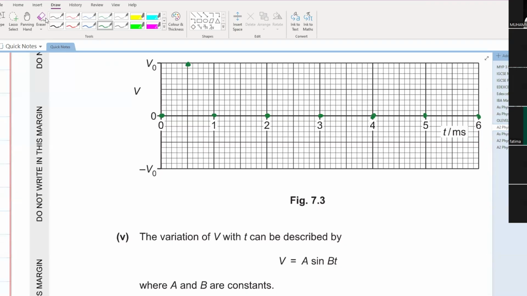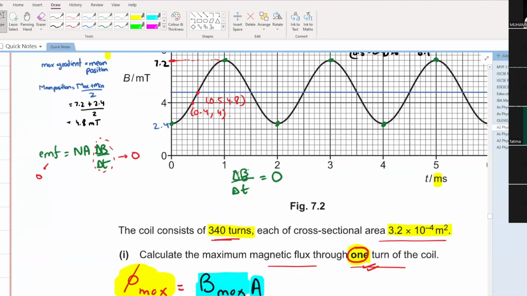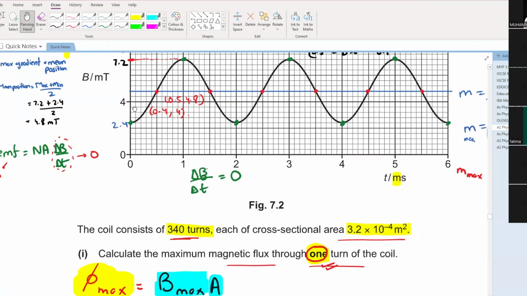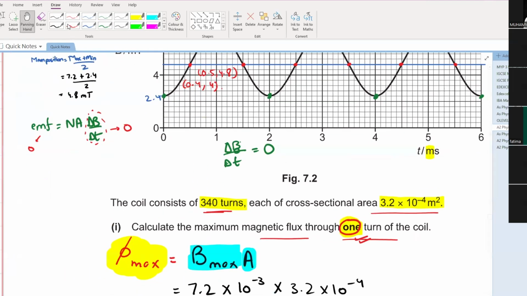Sir, why do you say that? Let me show that too. This is a common sense matter. At all these red points, what do you have? You have a maximum gradient. If this thing is maximum, your EMF will be maximum. So let's plot these points.